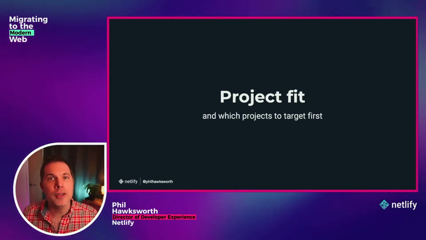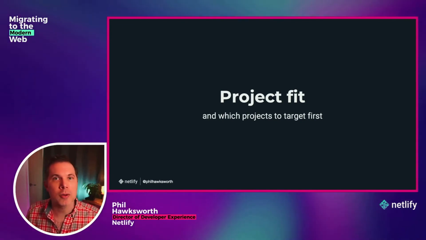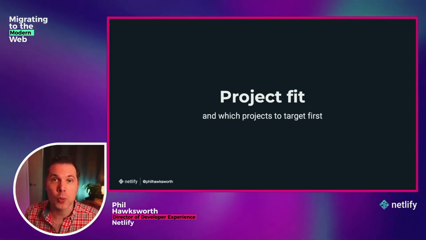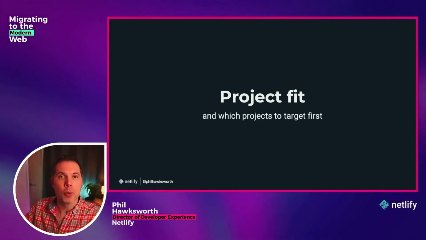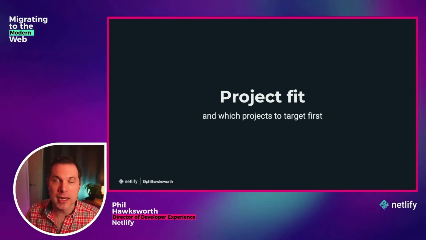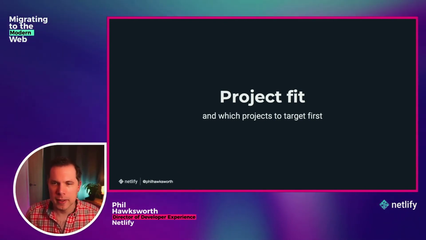If we're taking our first steps into a Jamstack architecture, we can look at the different projects we might be working on and identify the simplest ones, maybe the easiest win, to prove out the workflow and the model before moving on to more challenging ones later. So identifying a project fit is key. Bhavna will talk a little bit about that, and there'll be more content about that throughout the day.